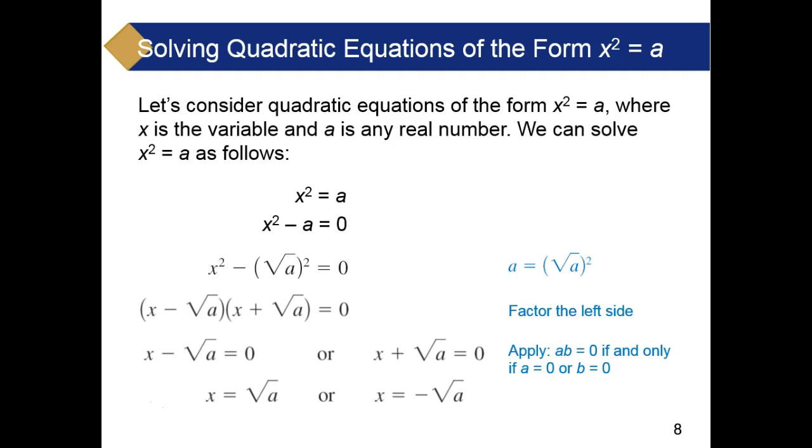You get x minus square root of a times x plus the square root of a. So this gives us, when you set this equal to 0 and that equal to 0, x equals square root of a, or x equals minus the square root of a. Now, again, square roots are done in the chapter we skipped, so this is a little beyond what we've done. But look here. Remember at the very beginning, when that was a perfect square, say x squared is equal to 4, someone would yell out, what's the answer?